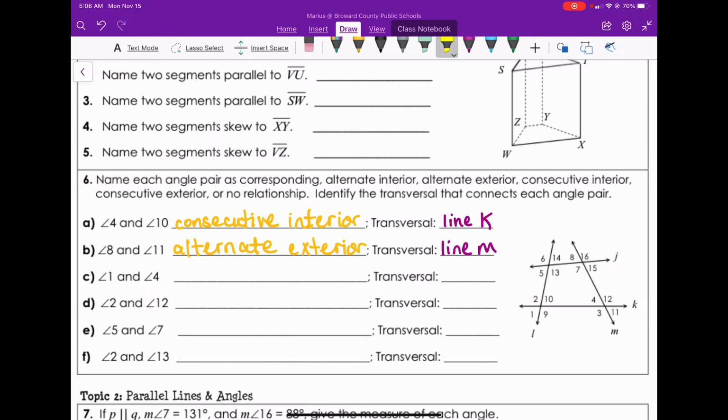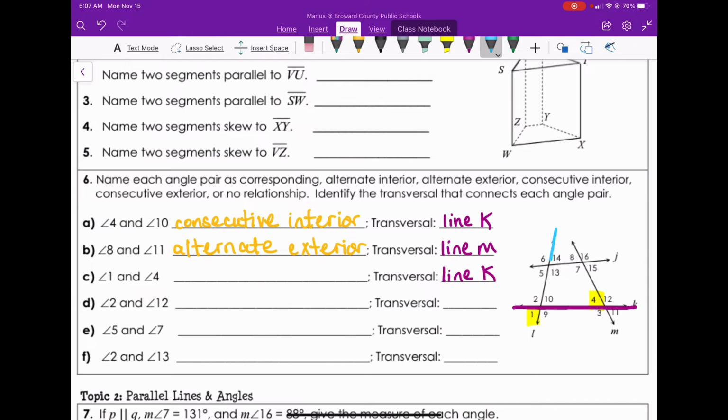Angle 1 and angle 4. They are both on line K. One is below line K, one is on top of line K, which makes them alternate. However, one is interior and one is exterior. Angle 1 is exterior and angle 4 is interior.